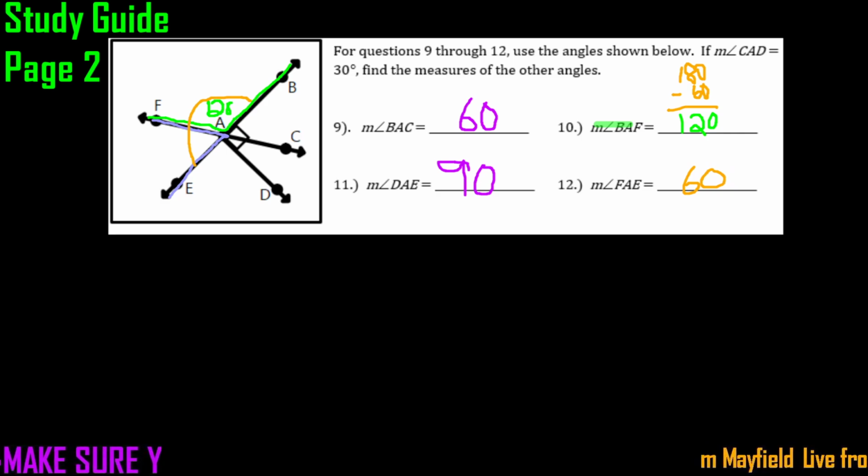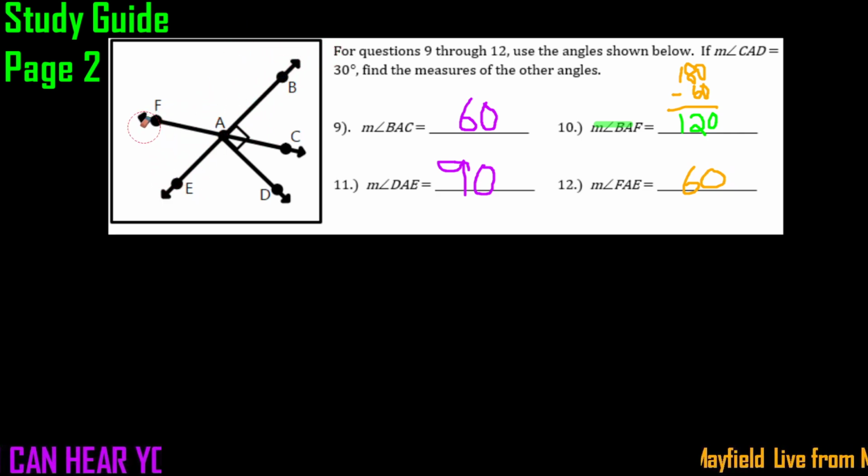And you can also see that if that is 60 degrees like we just proved, then angle BAC and angle FAE are vertical angles. That means they are opposite each other. You can see it like this: I can draw those two straight lines that form the X. Angle FAE and angle BAC are the same. That means they are congruent.